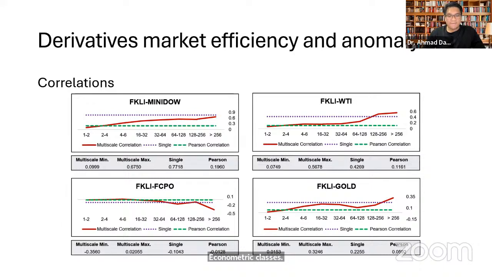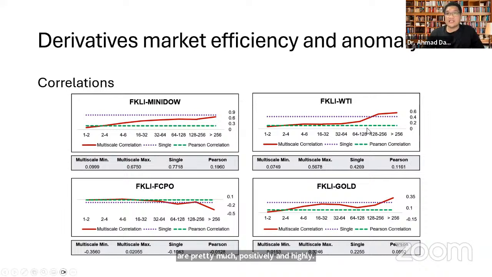Now we compare from the angle of time-frequency correlation. For KLCI and mini Dow, for example, for the short term, 1 to 2 days, 2 to 4 days, 4 to 6 days, they are not really correlated. But in the long term, they are positively and highly correlated.